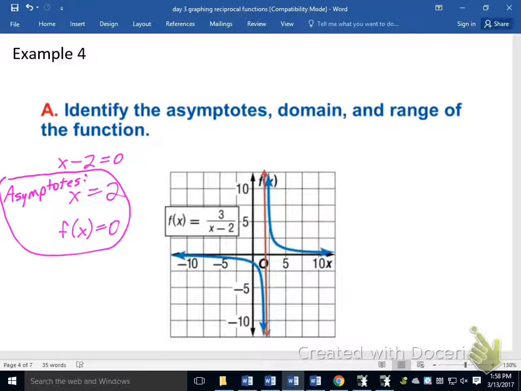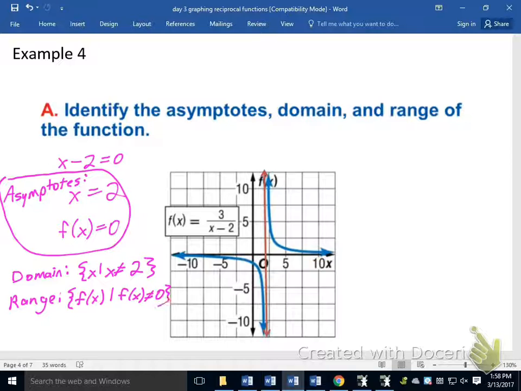Now, moving on to domain and range for this one. The domain is going to be x values such that x does not equal 2. I put a little equal sign with a slash through it. For my range, it's going to be f of x such that f of x does not equal 0.